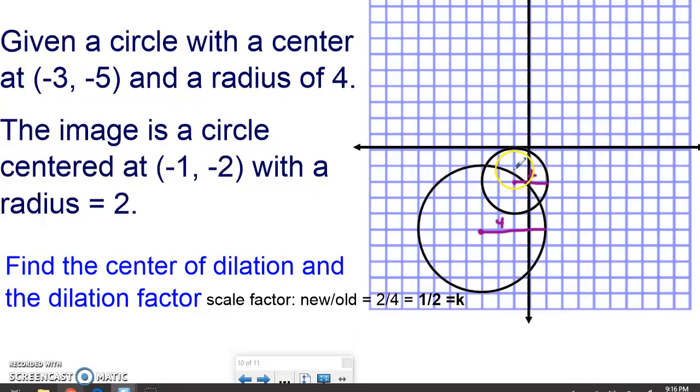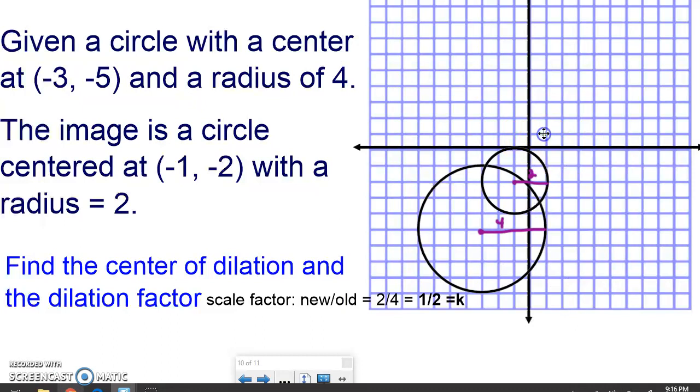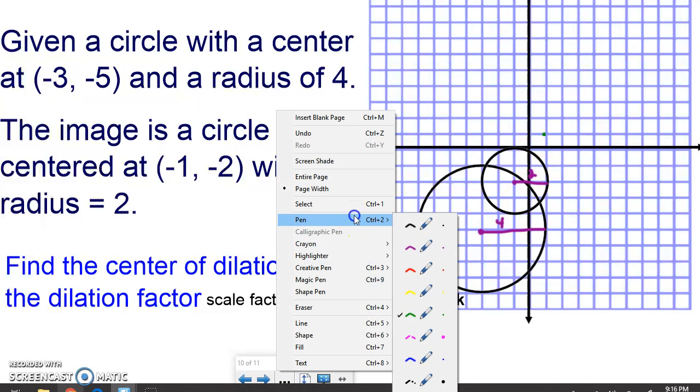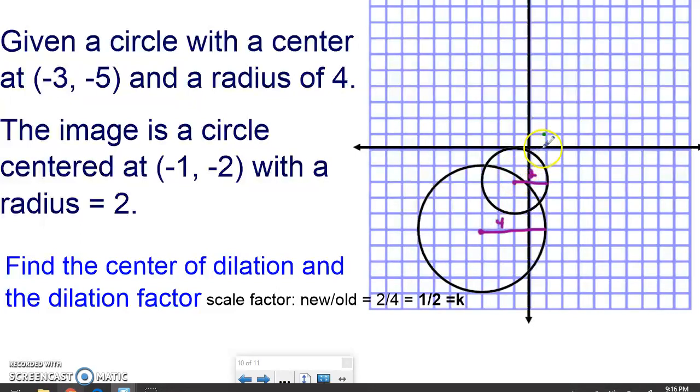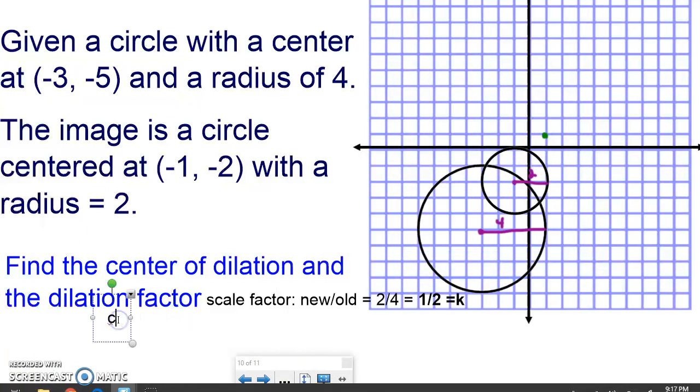So I would rise 1, 2, 3, and go over 2. And this would be the center of my circle. So my center of dilation is at the coordinate 1, 1.